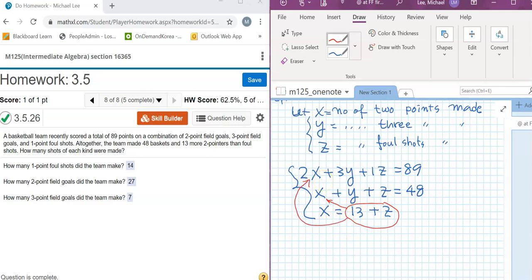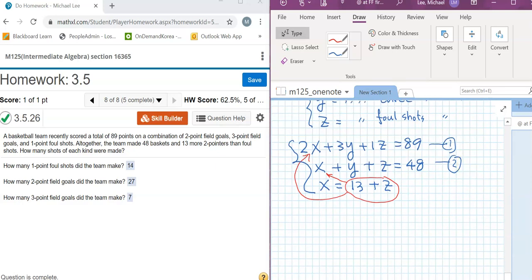If I call this number 1 and that number 2, number 1 changes to 2 times (13 plus Z) plus 3Y plus 1Z is 89.